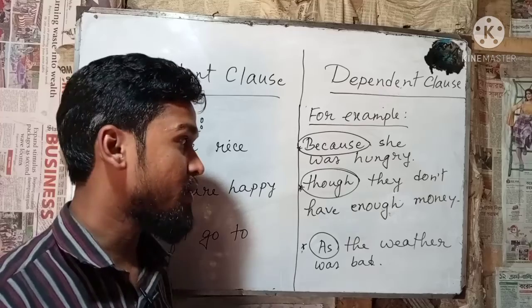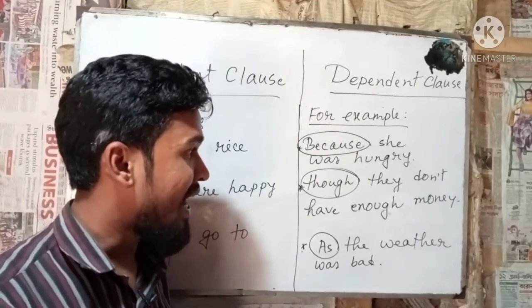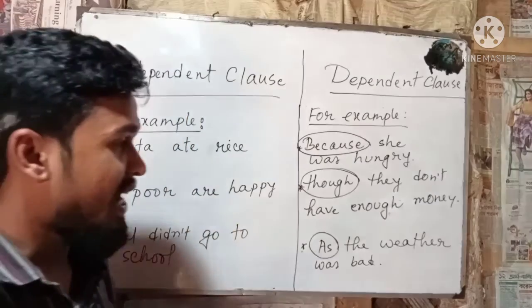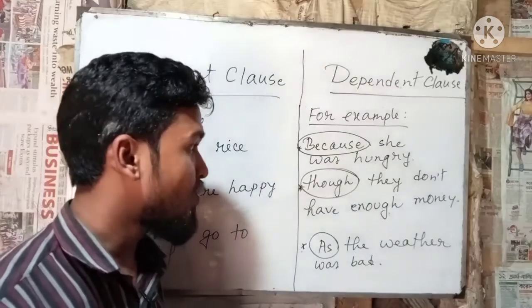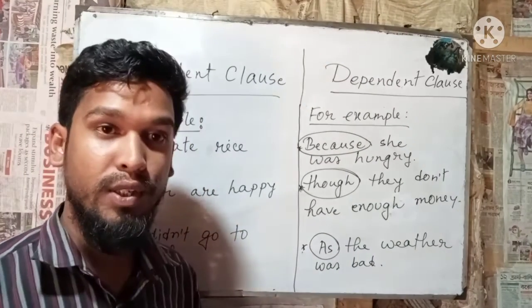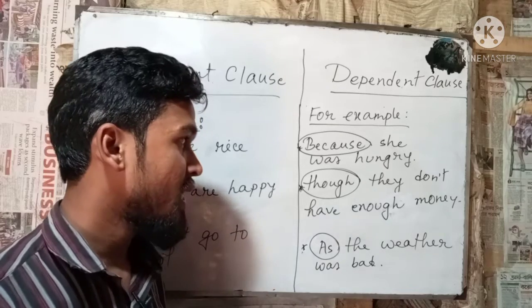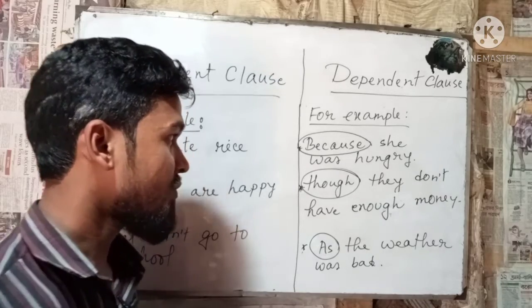From these three clauses we are getting an idea. What is the idea? The idea is that to make a dependent clause, of course, you need a subordinating conjunction before the clause.